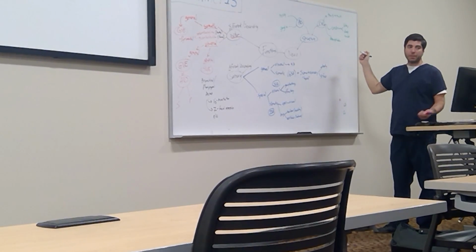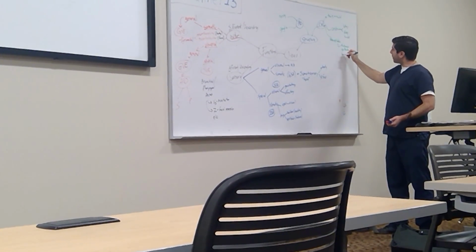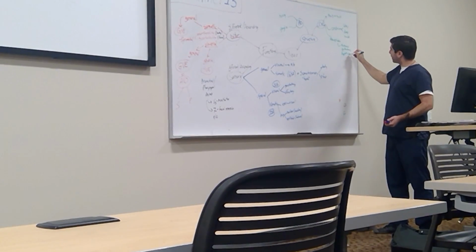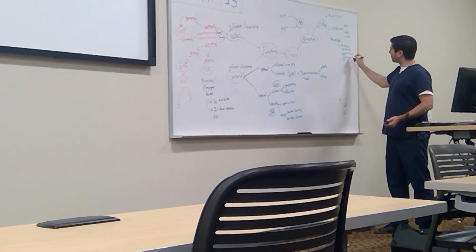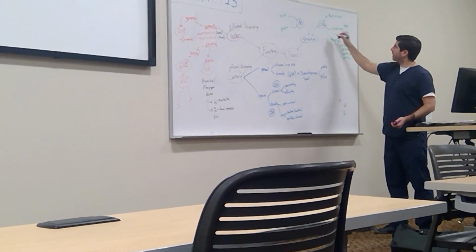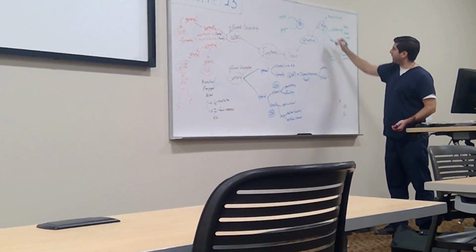Hopefully you can list a few things that are there. Thalamus, epithalamus, hypothalamus, pituitary. Neil's in there too, I think. We have brainstem, we have cerebellum, and then spinal cord.